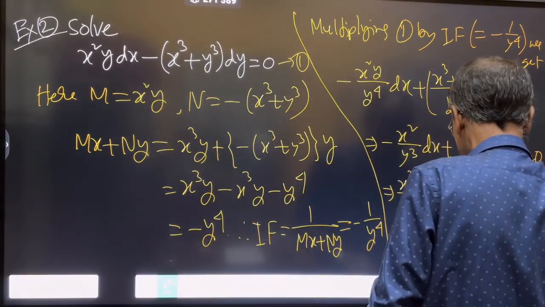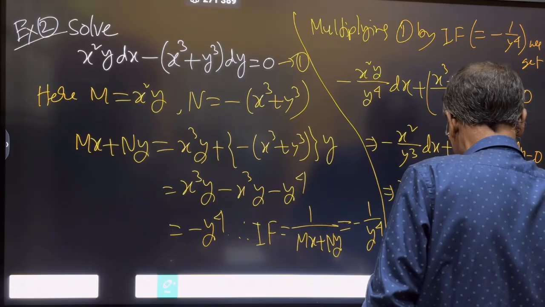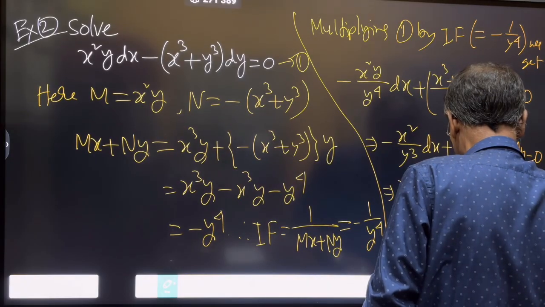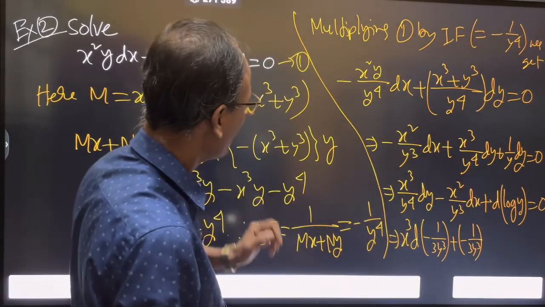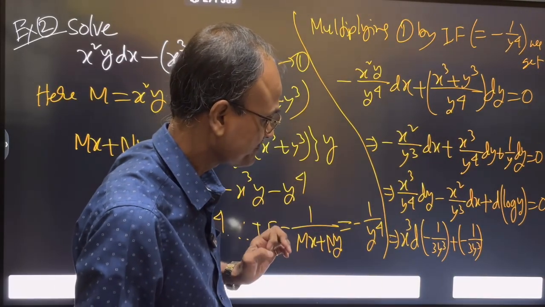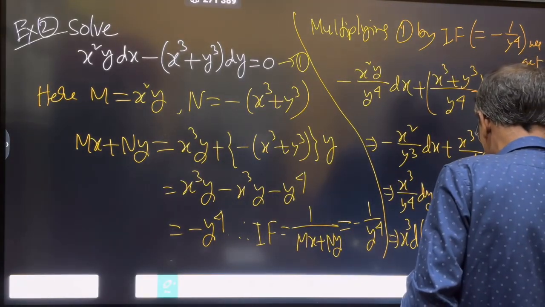Plus here minus 1 by thrice y cube, you may write like this. Minus 1 by thrice y cube into d of x cube.